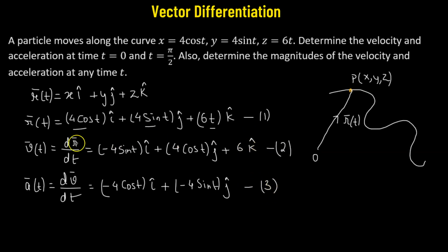Now that we have the velocity as well as the acceleration, we'll come to the specific values at the given times. We first calculate the magnitude of the velocity and acceleration at any given time.